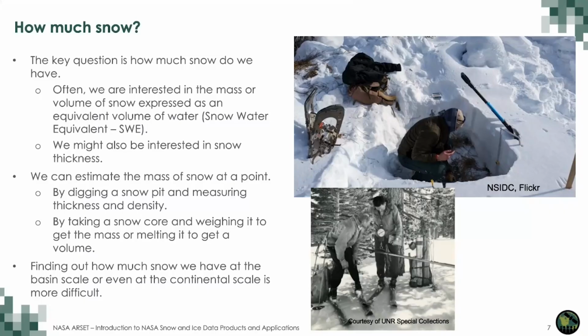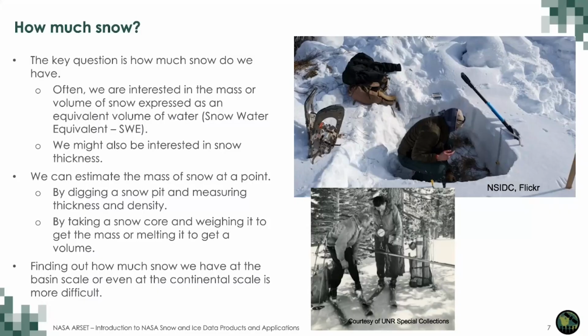So we're not thinking of volume of snow, we're thinking of volume of water we get from that snow. We might also be interested in snow thickness or snow depth, and I'm going to use thickness and depth interchangeably here. And so when we want to answer those kinds of questions at a point, we can do that relatively easily, although it's sometimes physically demanding, by digging a snow pit and measuring the thickness and the density of that snow and coming up with a mass or a volume based on that.